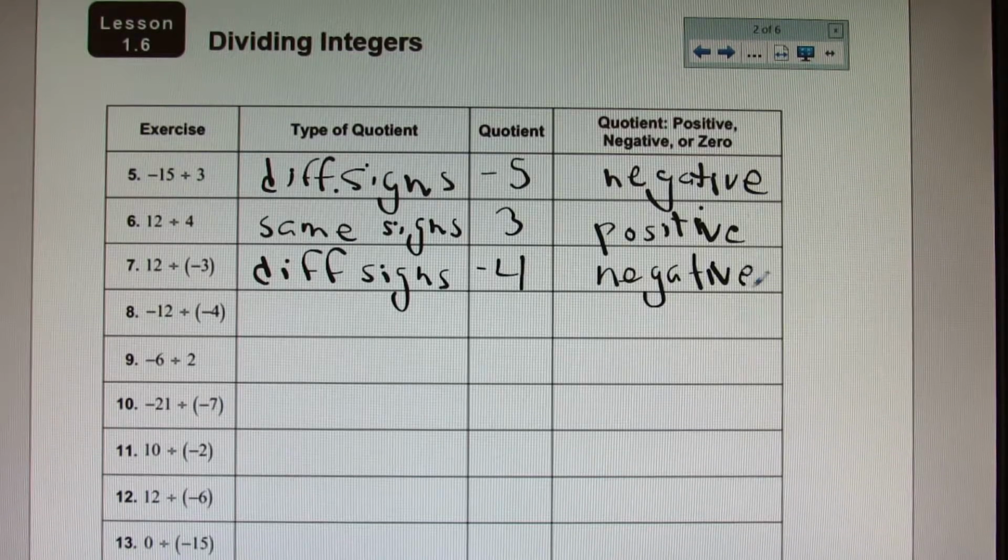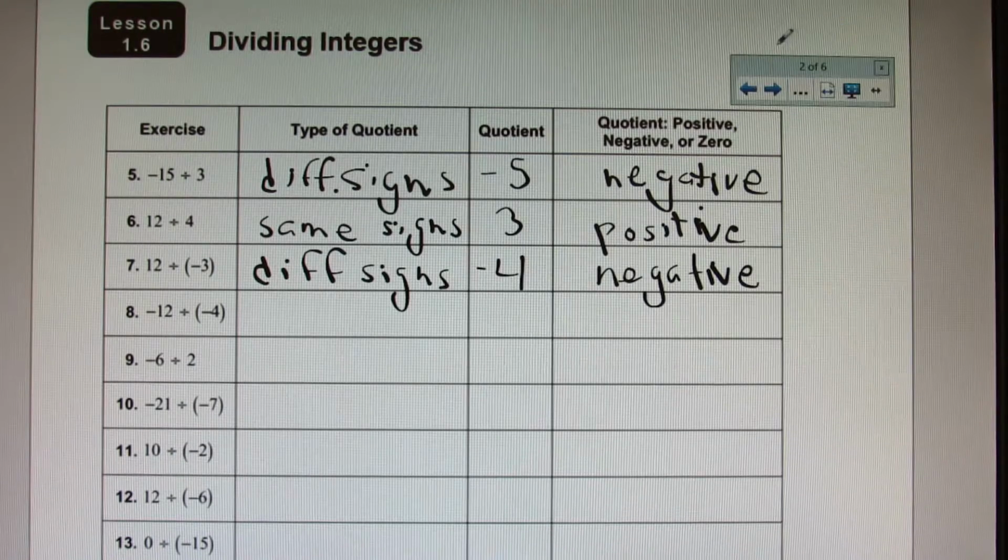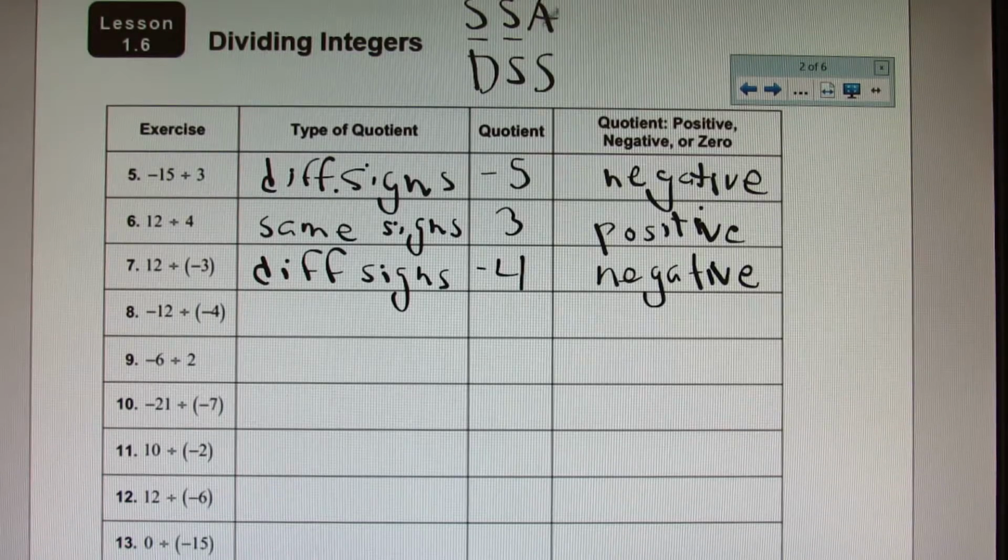So if you remember the rules that we talked about yesterday, it's similar to when we wrote SSA and DSS. And I'm going to use them in a similar kind of way. If we have the same signs, my answer will be positive. And doesn't that just look like a plus sign? Right? Same signs add.